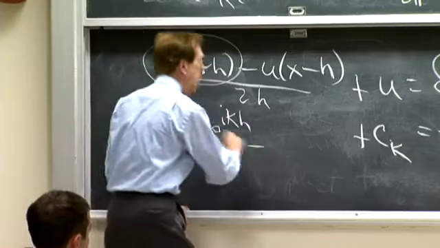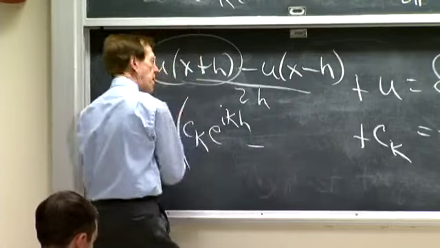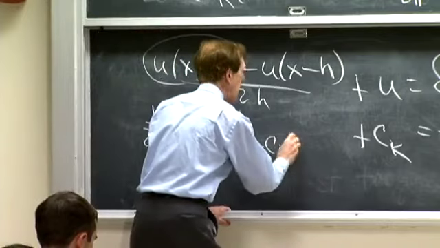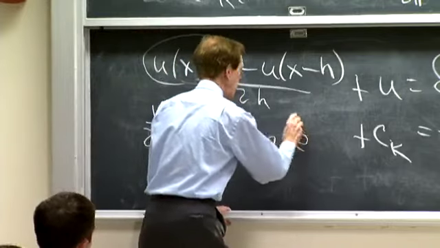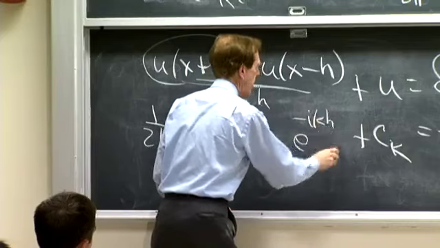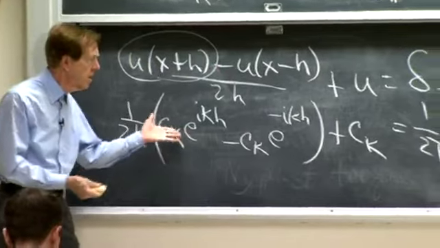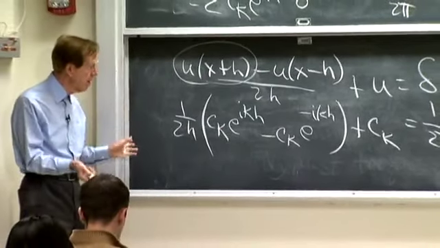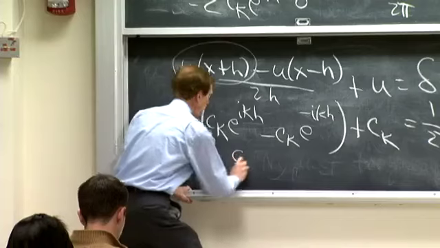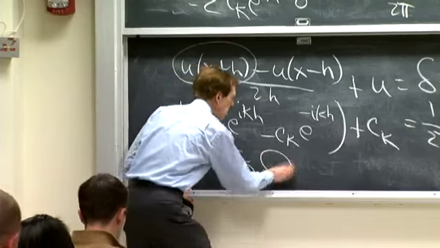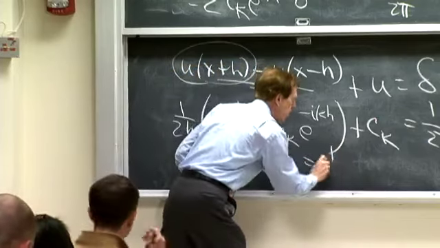And this would be the shift the other way, so it would be the same ck and probably e to the minus ikh, if I did that right. Anyway, once again, we have a still linear problem. This is ck times something equals 1 over 2 pi.